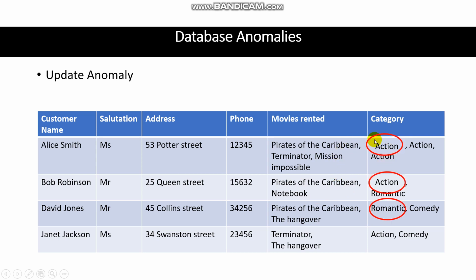But what happens if by mistake we forget to update one of the records, then the database becomes inconsistent. For example, in here, Pirates of the Caribbean is shown as an action movie in 2 places, and in another place it is shown as a romantic movie. So that's how update anomaly can occur in a database.